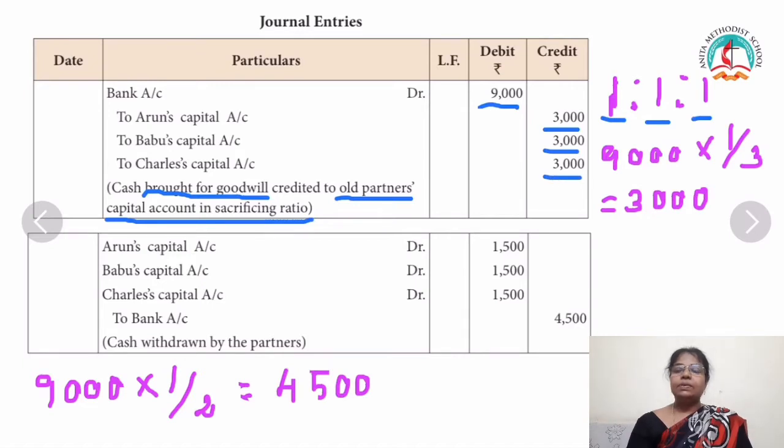And then the cash withdrawn by the partners. Here only half of the cash is withdrawn by the partners. So 9,000, in that half is 4,500. Arun's capital account debit 1,500, Babu's capital account 1,500, Charles' capital account debit 1,500.